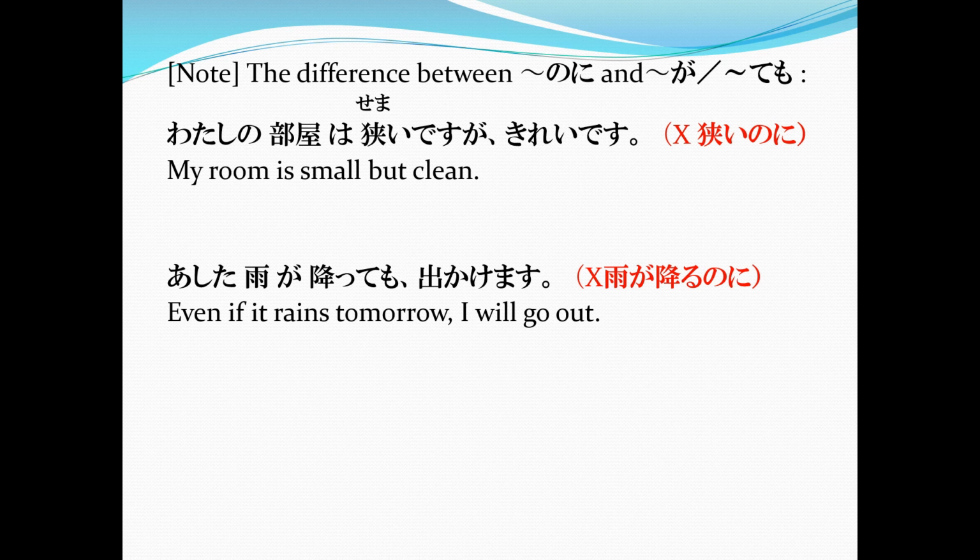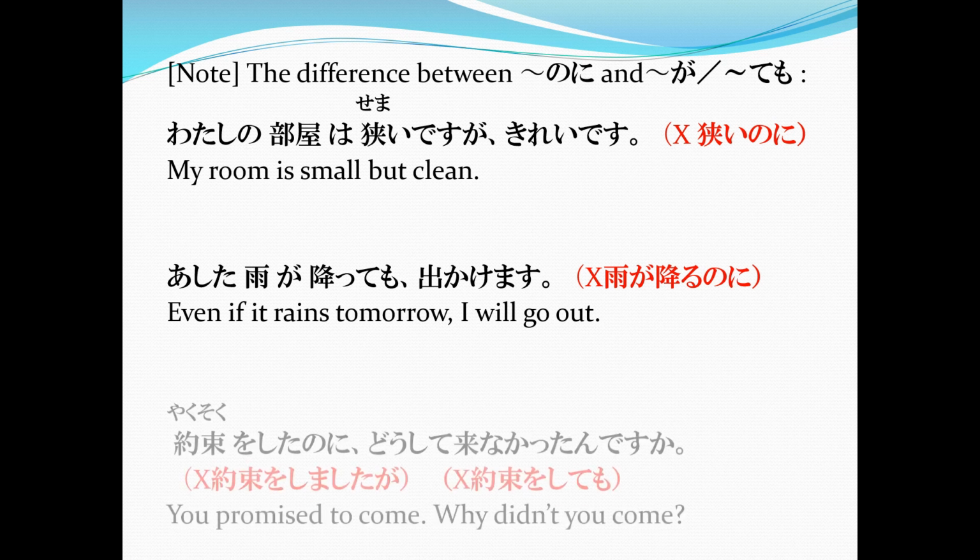Now, in this sentence, the speaker is saying that even if it rains, there's nothing stopping the speaker from going out. We don't say 雨が降るのに because the speaker is not dissatisfied or disappointed that it rained, because even if it rains, the speaker will go out.